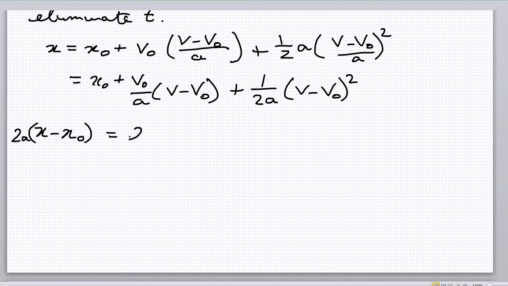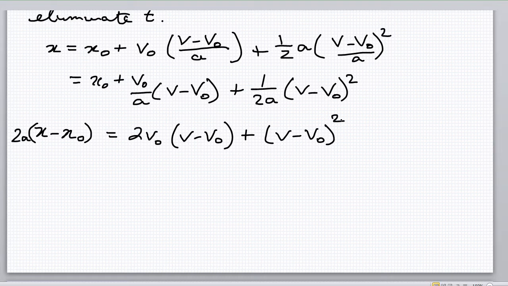And now this becomes 2 times v naught, because the a's cancel but the 2 is left. v minus v naught plus v minus v naught all squared. With this, 2v naught times v minus 2v naught squared is what that becomes equal to.